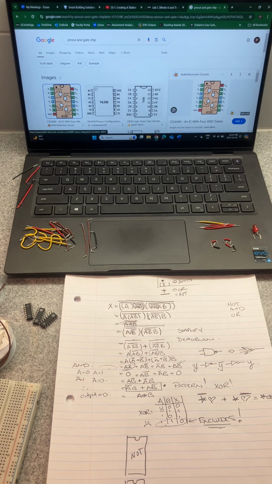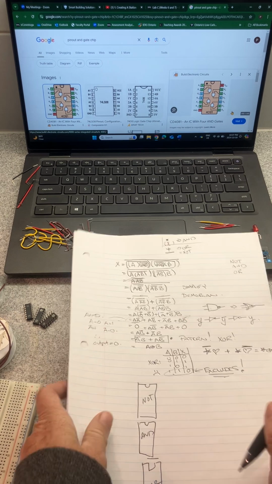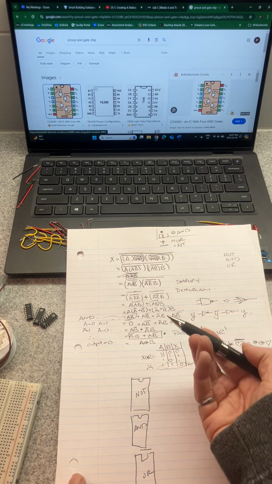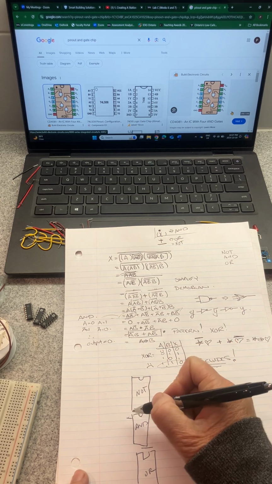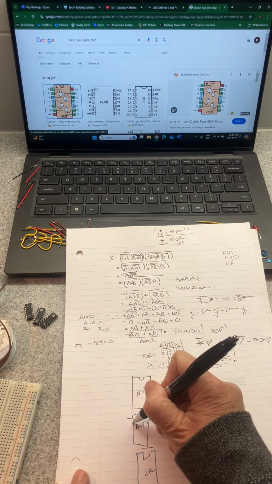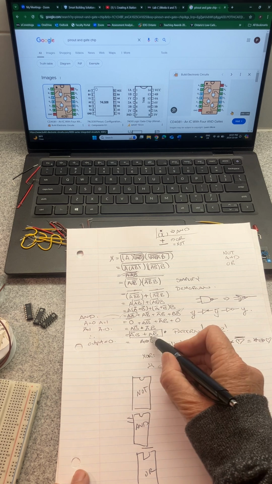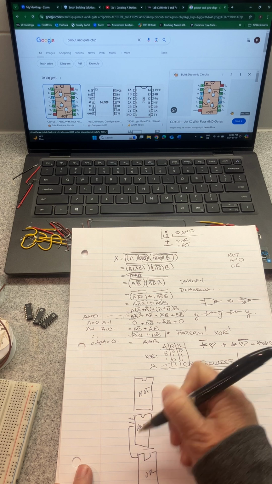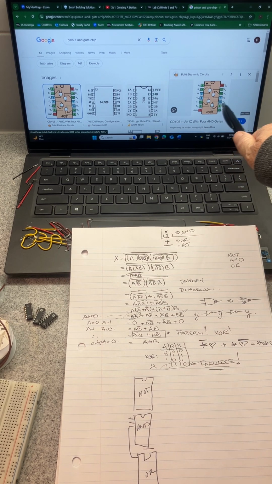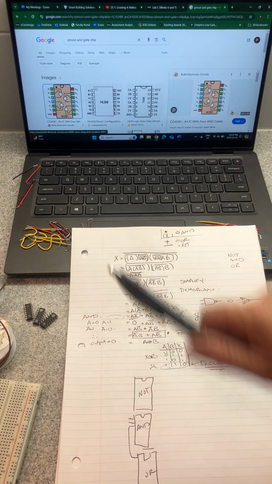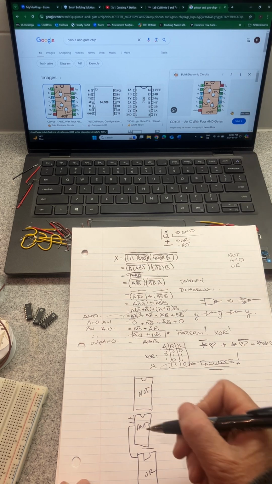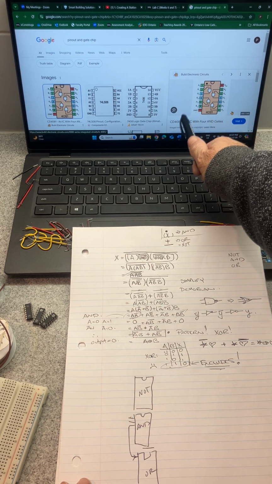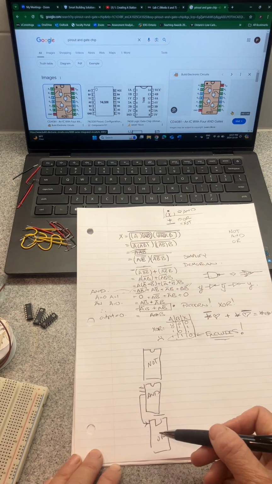All right, so I would probably just wire up this AND gate. I would have A coming in to pin 1, B coming in to pin 2, and an output going into an OR gate. The OR gate is wired the same way. It's just ORs inside: in, in, out, pin 1, 2, 3. So I would put the output of my AND gate into pin 1 of my OR gate.